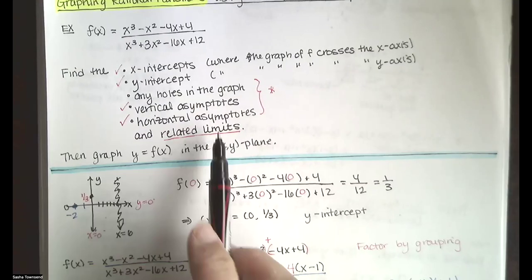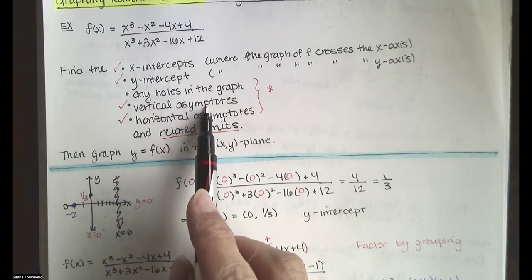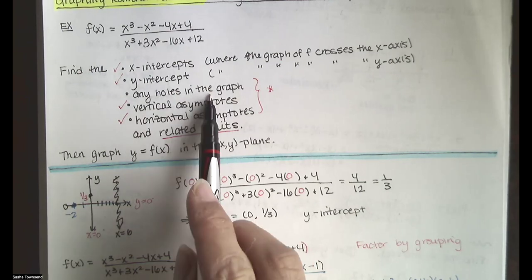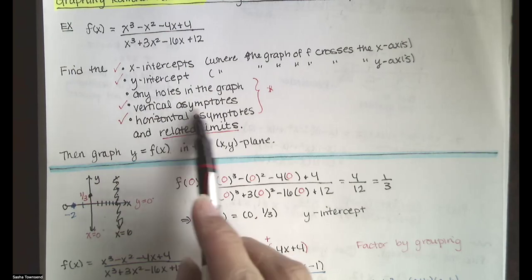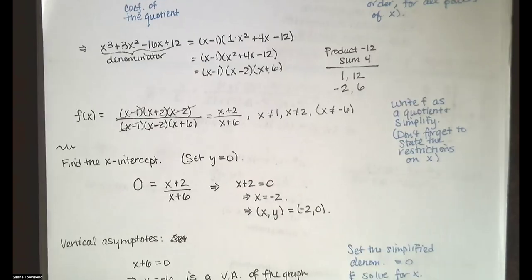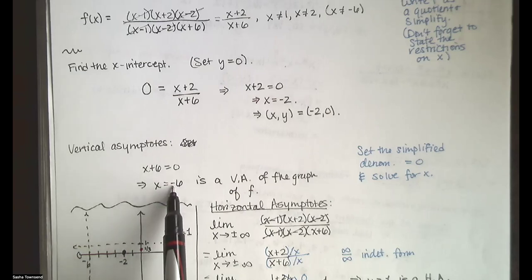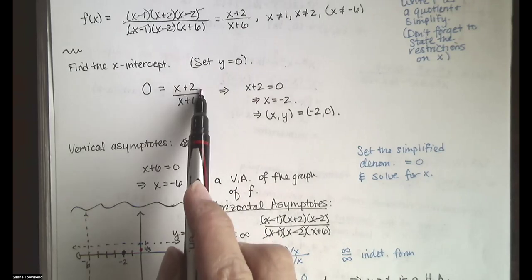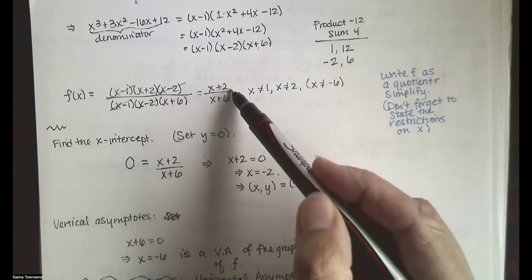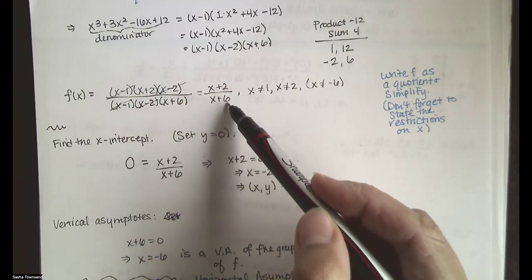All right. So we talked about the related limits with the horizontal asymptotes, but we didn't talk about the related limits with the vertical asymptotes, and we didn't talk about the holes in the graph. So you might say, okay, how do I recognize the holes in the graph? We already know that we've got x equals -6 as a vertical asymptote. As x approaches -6, the numerator is -4 and the denominator is 0.